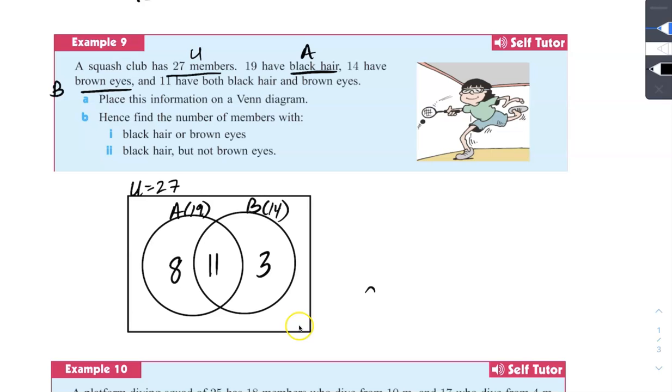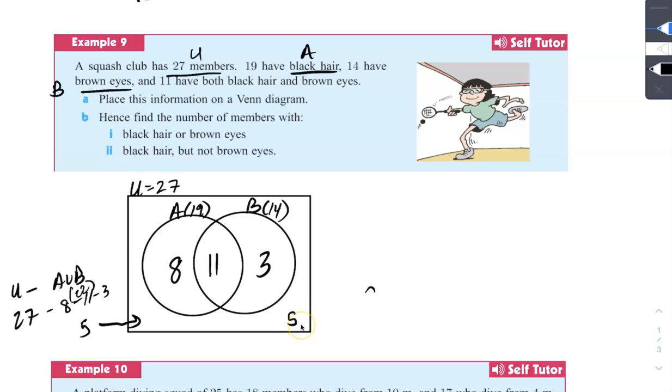If I want to find the outside here, it's just 27, the universe, minus these values. So it's going to be the universe minus A union B, which for us will just be 27 minus 8 minus 11 minus 3. So it's 22. So 5. So my outside there, the people that don't have black hair or brown eyes, is 5.